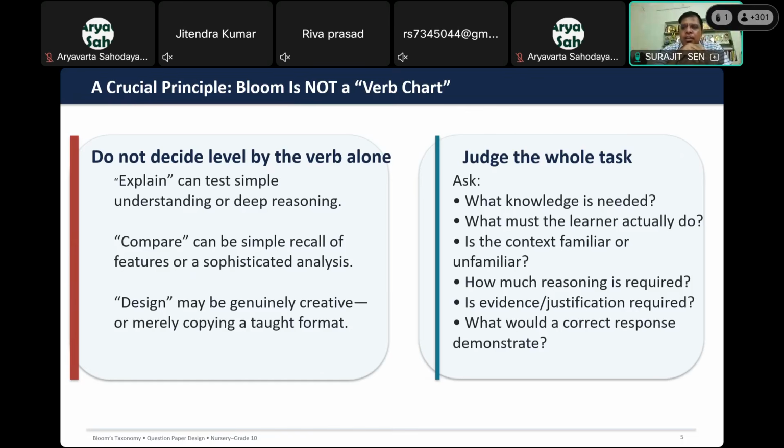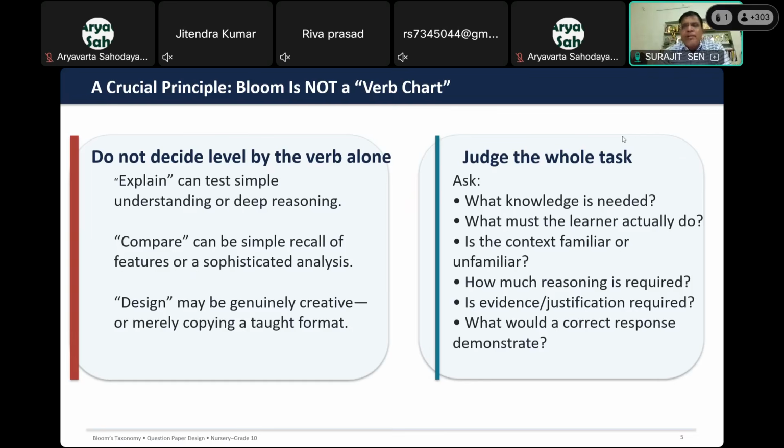Judge the whole task. Ask what knowledge is needed. You will be able to understand what knowledge is needed, what the learner must actually do in the context, familiar or unfamiliar, and how much reasoning is required. Also, what would be a correct response to demonstrate? Just writing a few words will not solve the problem, right?